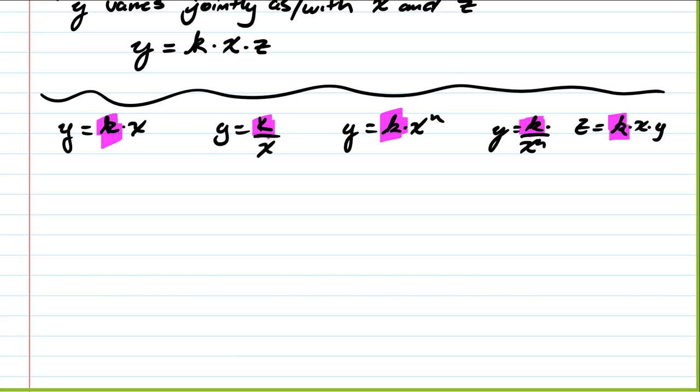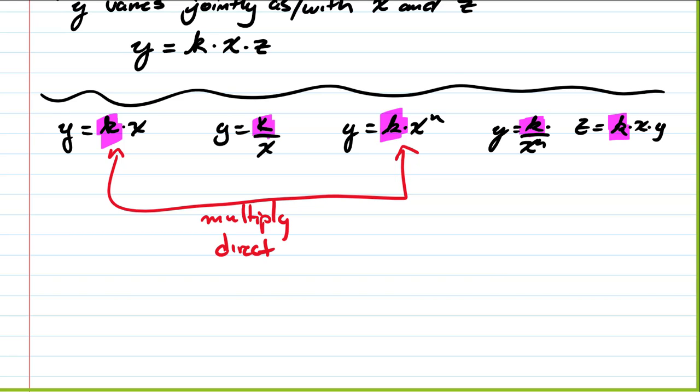We'll notice the cases where we multiply was when we had direct. The cases where we divide, we have inverse. So when we see the keyword direct, that means we're going to multiply by whatever that variable is. If we see the keyword inverse with variation, it means we are going to divide by that variable.